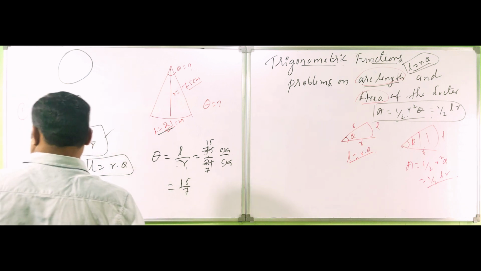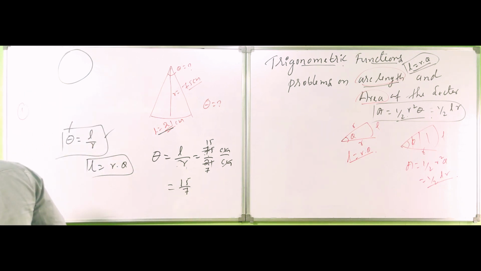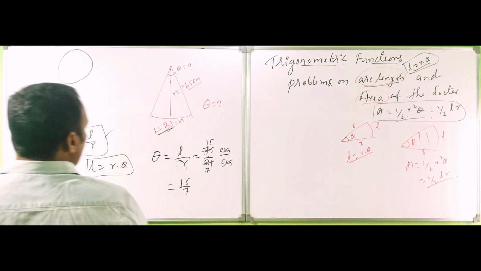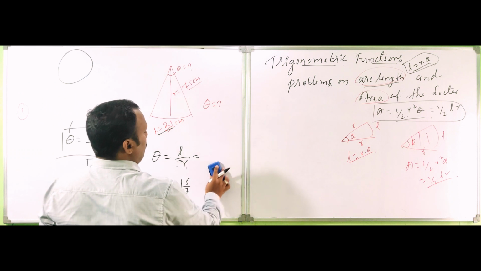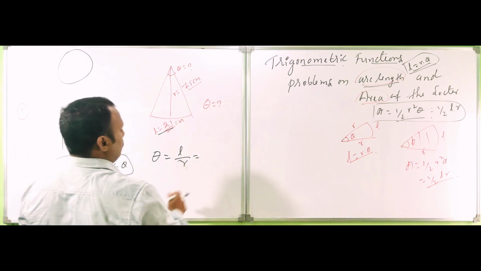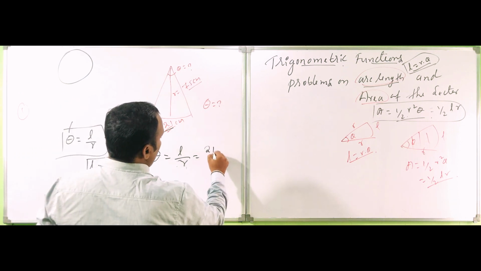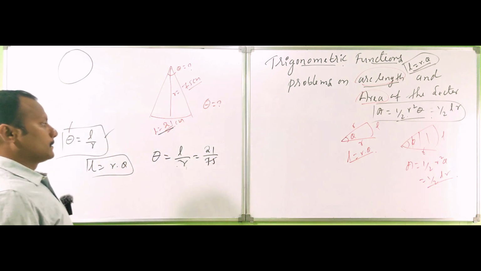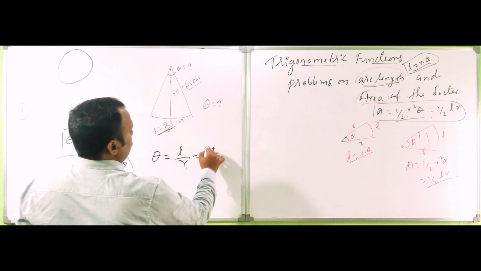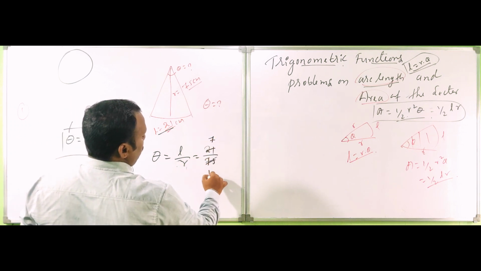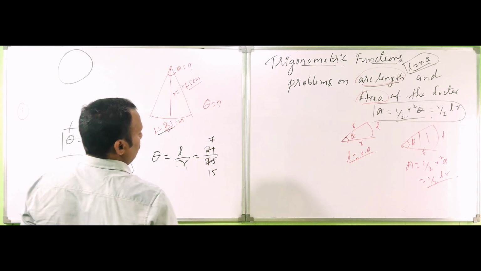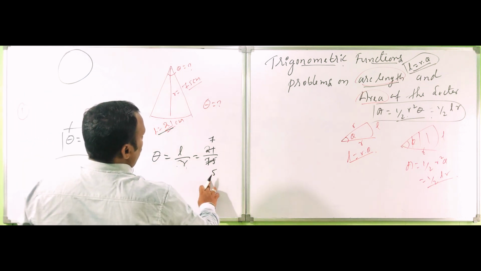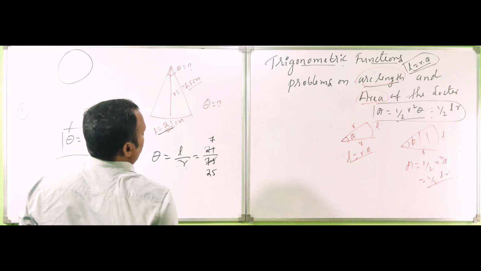Sorry, we are confused. The length they given is 21 and R is 75; I took the reverse. So 21 by 75, 3 into 7, 3 into 25.